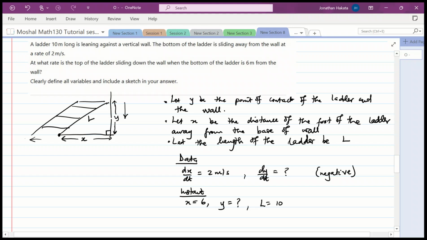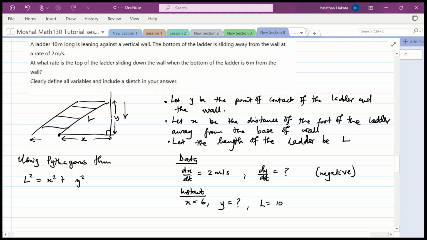So using Pythagoras, let's write down the differential equation. Using Pythagoras' theorem, we can clearly see that L squared is equal to x squared plus y squared. There's no doubt about it because we have a right angle triangle there.